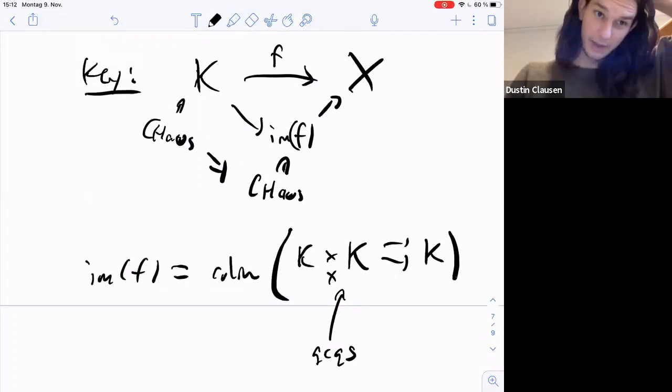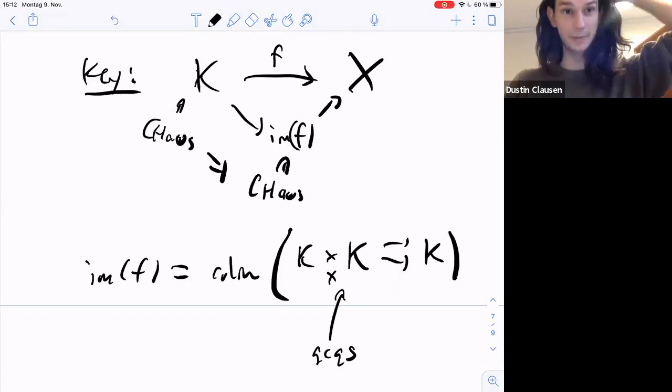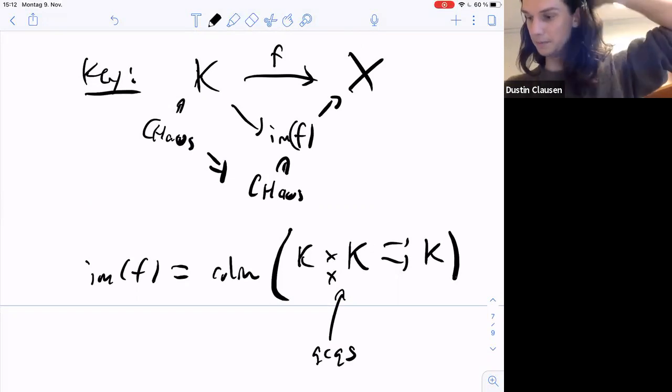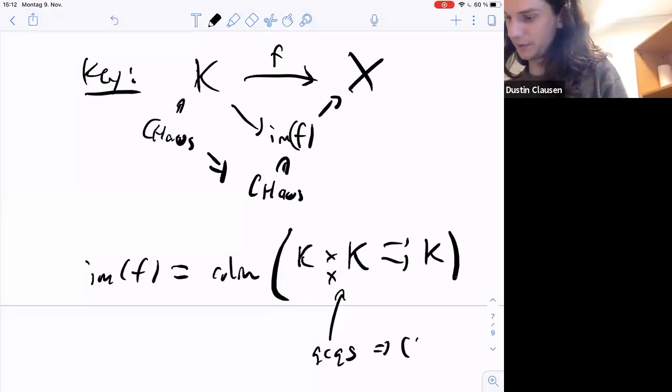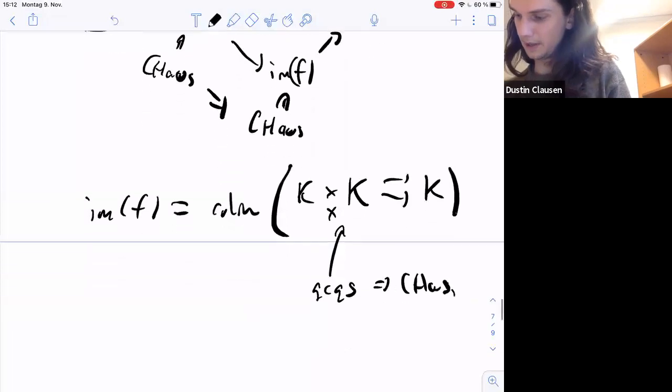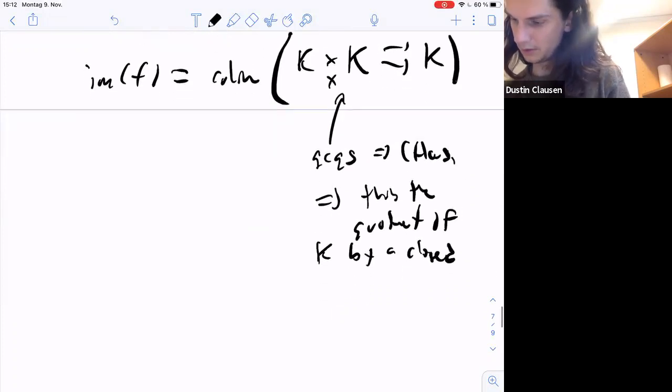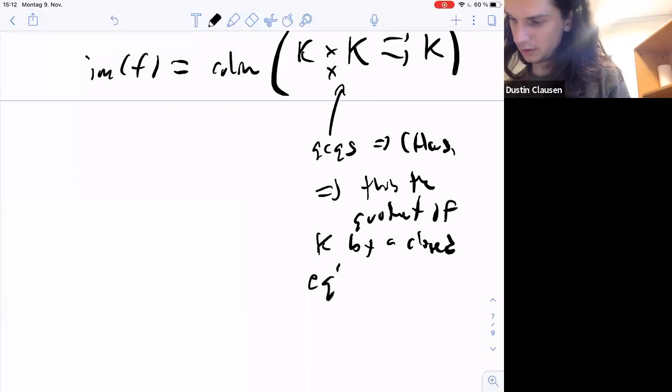The quasi-compact, quasi-separated objects are closed under finite limits. This is something that's not too difficult to show. So it means it's a compact Hausdorff space, and therefore this is the quotient of K by a closed equivalence relation. It's a compact Hausdorff space.